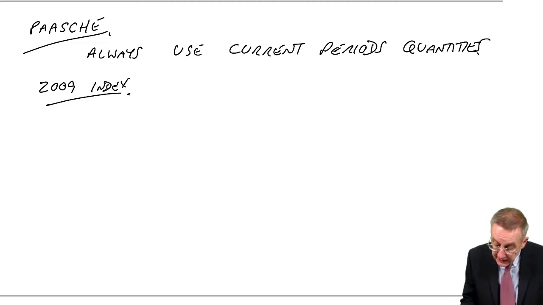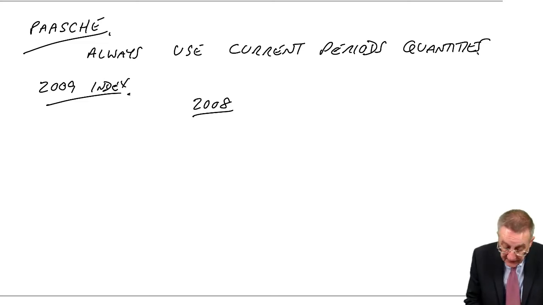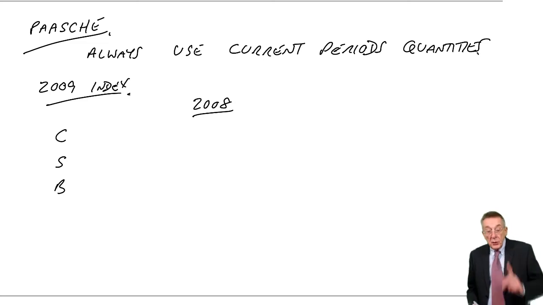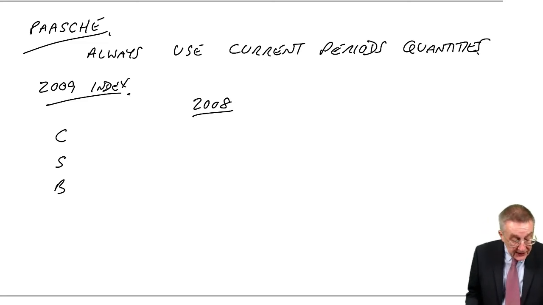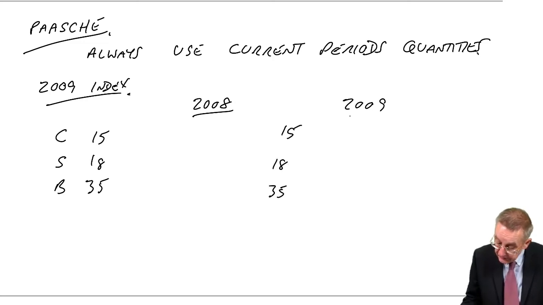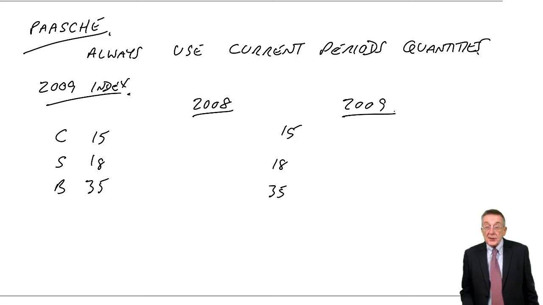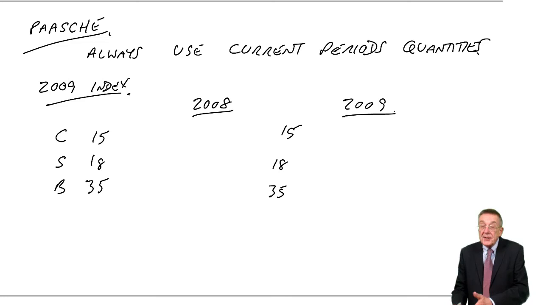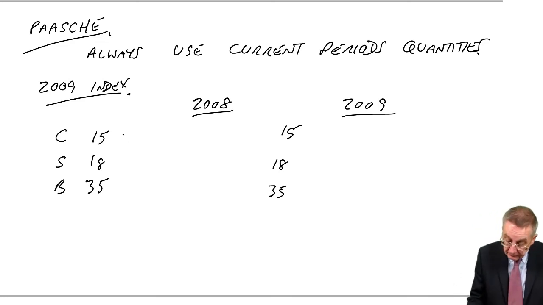So with the 2009 index, for coffee, sugar, bread, we take the 2009 quantities, 15, 18 and 35, and we work out the cost of the whole basket at the prices in 2008 and 2009.